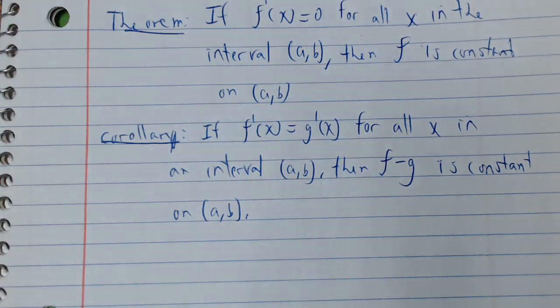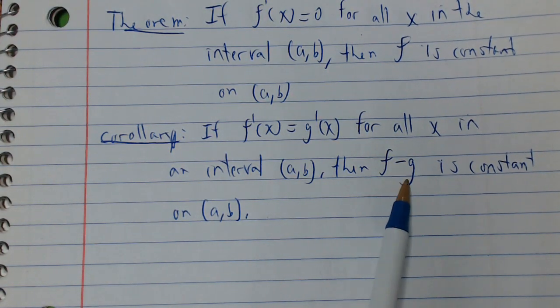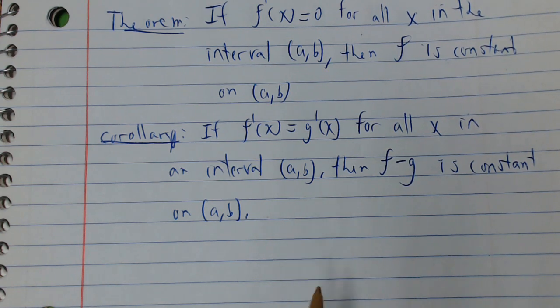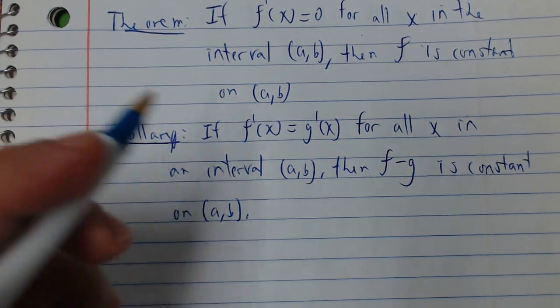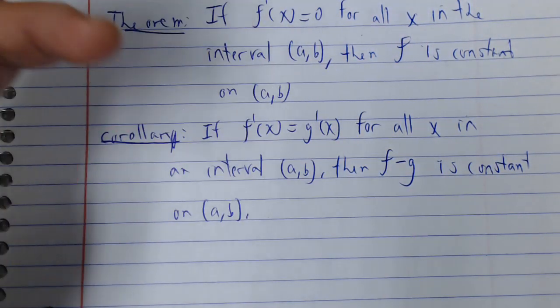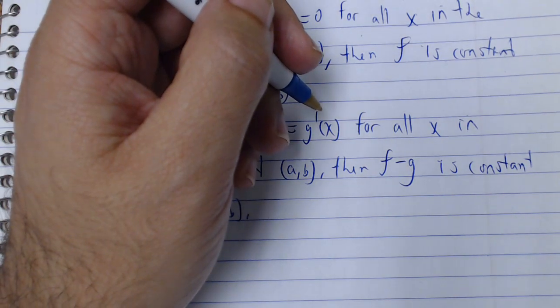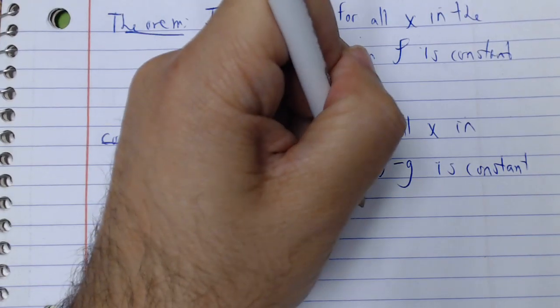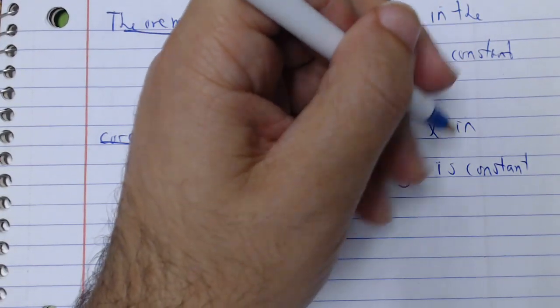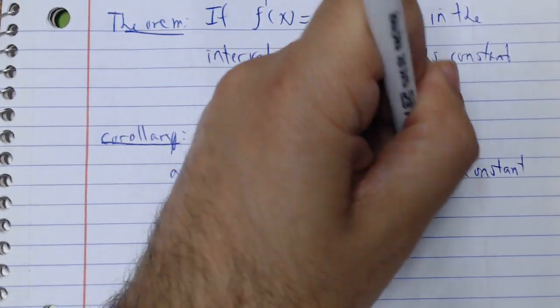So what am I basically saying? The difference between them will just be a constant, because after all, the derivatives of constants zero out. Let's finish this corollary off and I'll give you an example as to what I mean.